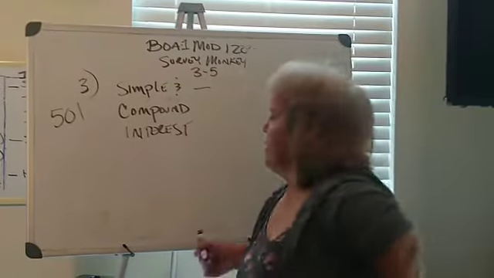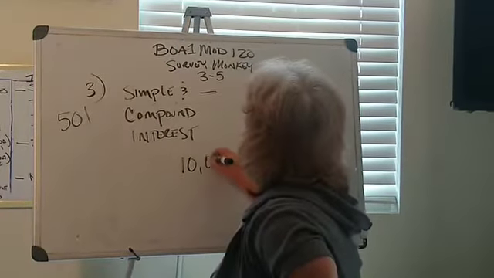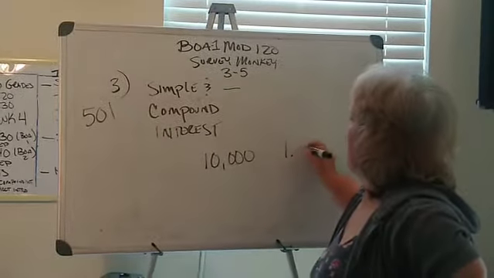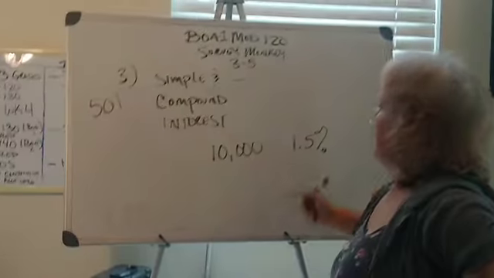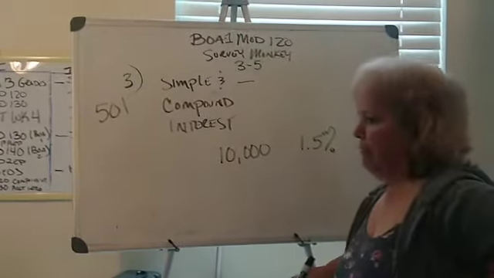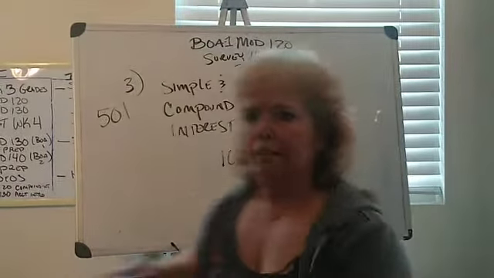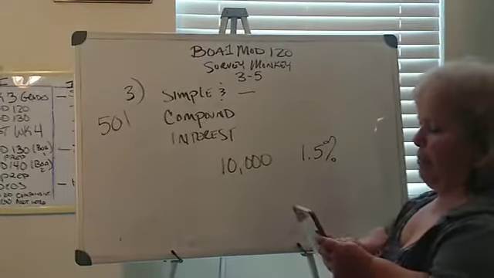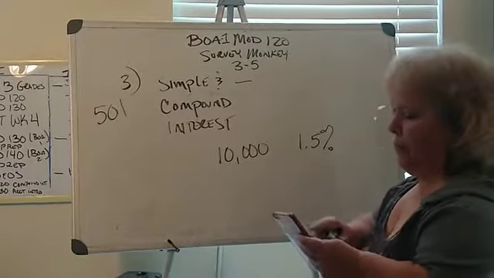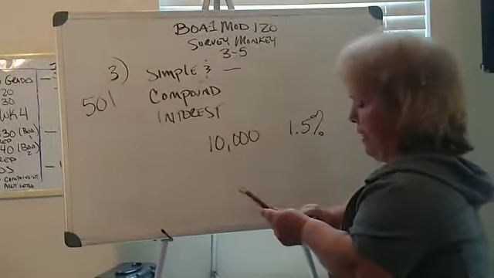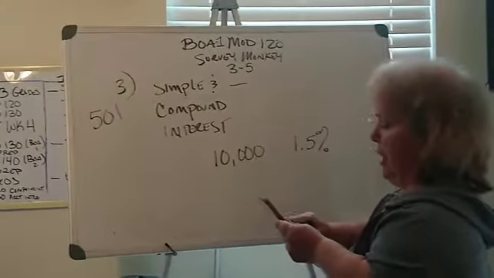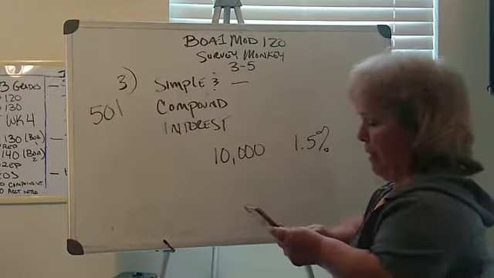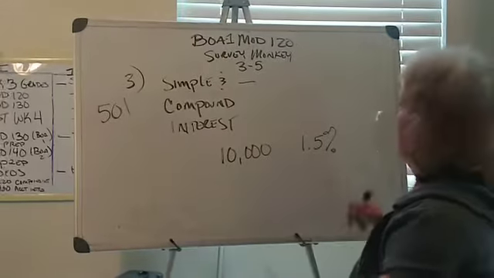For example, let's say that you borrow $10,000 and it's paid at 1.5%. That's going to be, I believe, $150. Let me see. Where's my calculator? 10,000 times 1.5 divided by 100 equals $150.